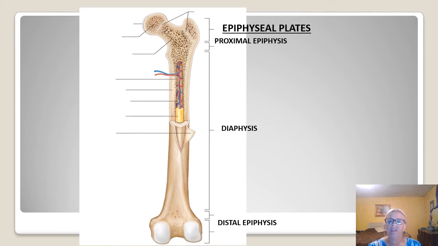So we have epiphyseal plates, which you are probably actually familiar with, you just don't know it. You can kind of see them right here. Those are epiphyseal plates. These are what we commonly call growth plates. This is the location where the bone is not fixed and it will continue to grow and lengthen.